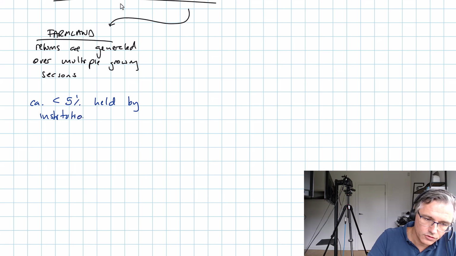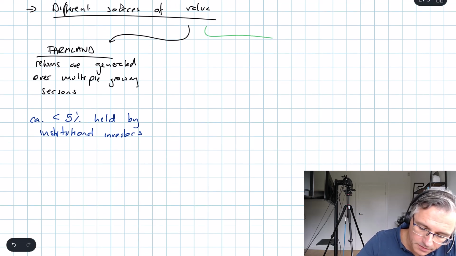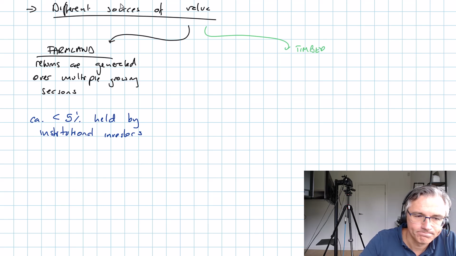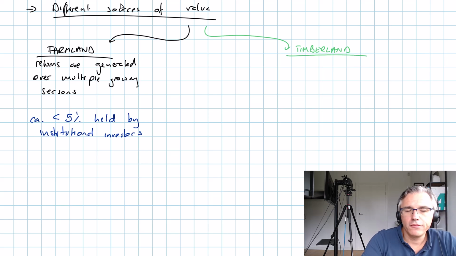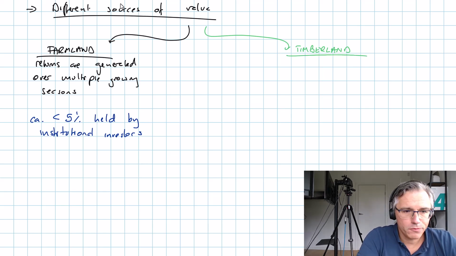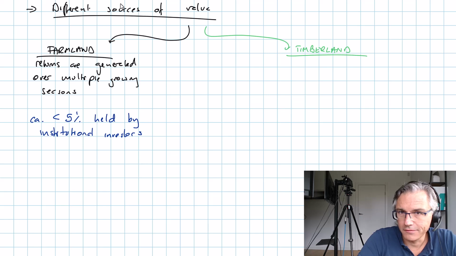In the case of timberland, the growth cycle for a forest is much longer than it is for crops.